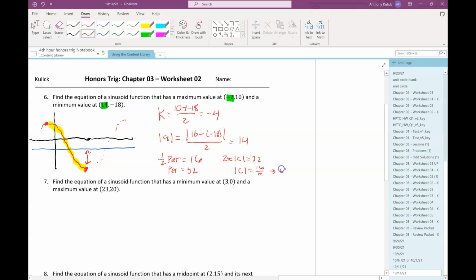And again, remember we say that we're always going to use the positive value for c. Not that there isn't an answer where c is negative, but in my experience, it's never easier to find the answer where c is negative. So since there is an answer where c is positive, I'm always going to pick c to be positive and just find that answer. 16 over pi.